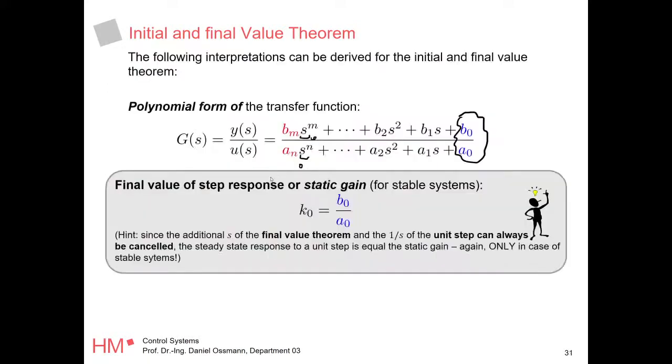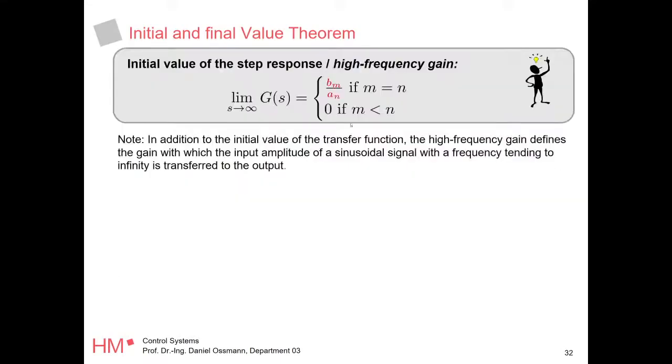But now you could say, what happens if I don't have an s squared in the denominator and in the numerator? Well, if m is smaller than n, you always have an initial value of 0. So this holds, for example, for PD1, PD2, and so on, right?